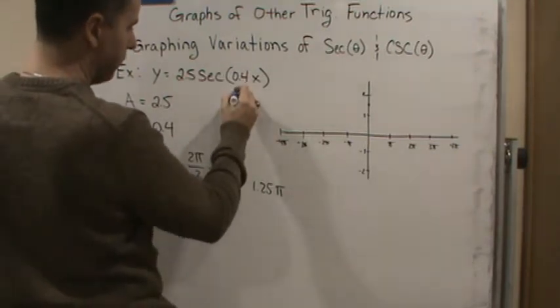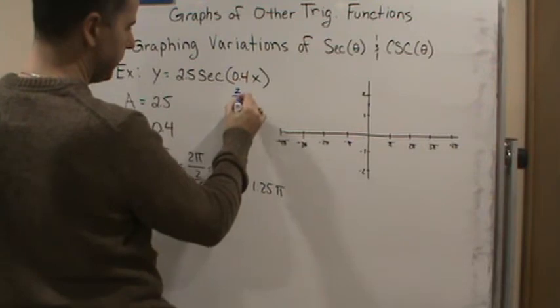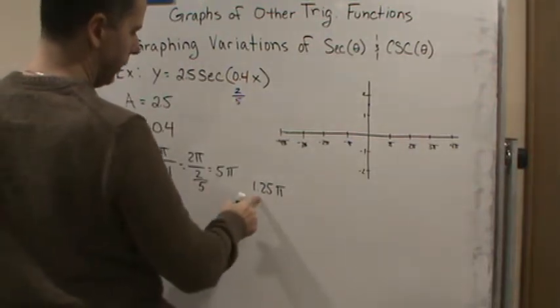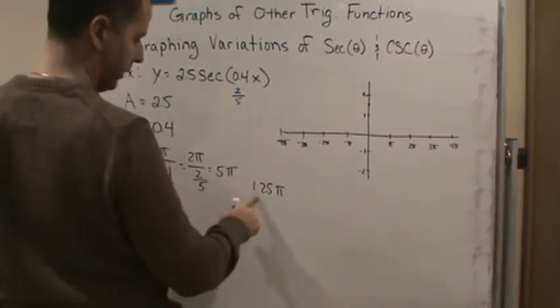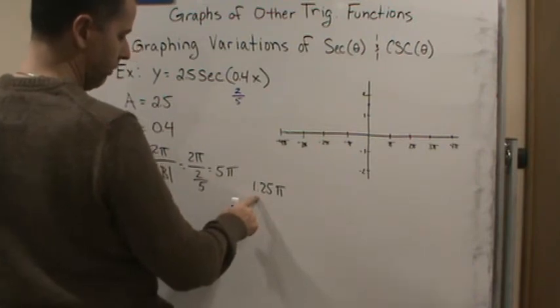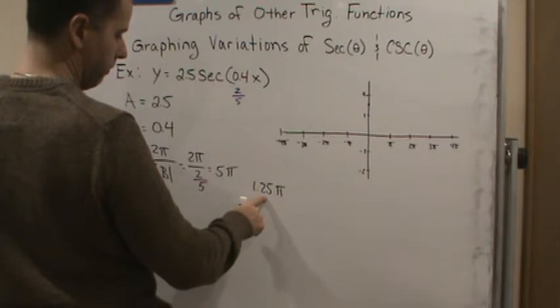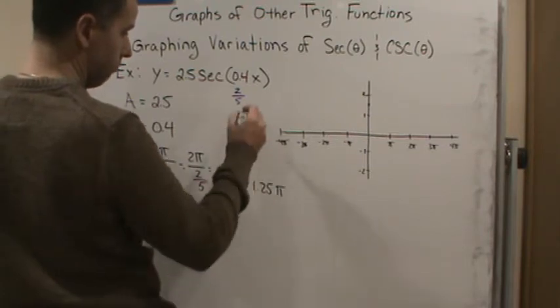This is 2/5, so this is 2/5, and when x is 1.25 pi, this is going to be 5/4.